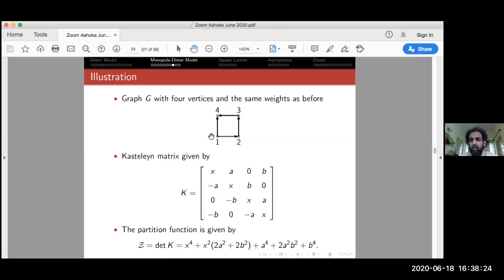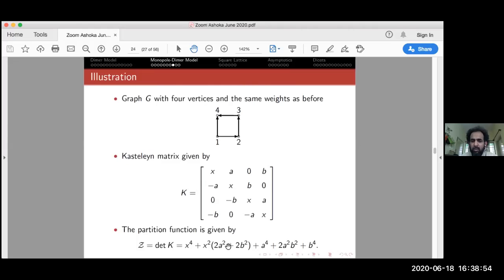So x to the 4 corresponds to the fact that all 4 are monopoles. X squared corresponds to the fact that 2 of them are monopoles. You cannot have monopoles just at 1 and 3 because 2 and 4, what will they do? If 1 and 2 form monopoles, then there's a doubled edge at 3, 4. That will give you an A squared. Similarly, if 3 and 4 are monopoles, 1, 2 will be a doubled edge and that will give you another A squared.